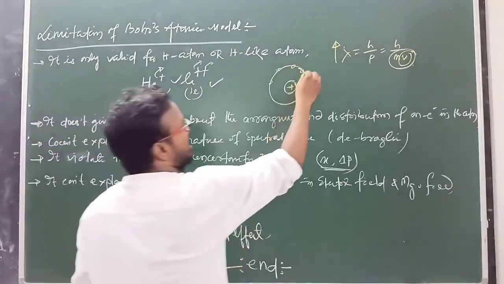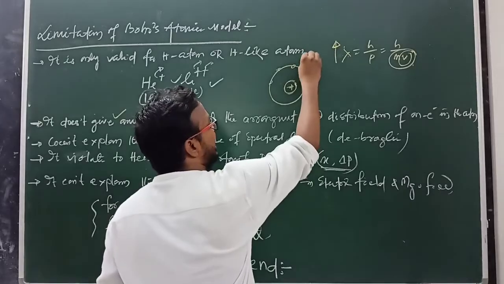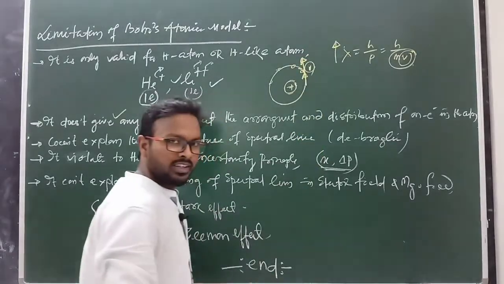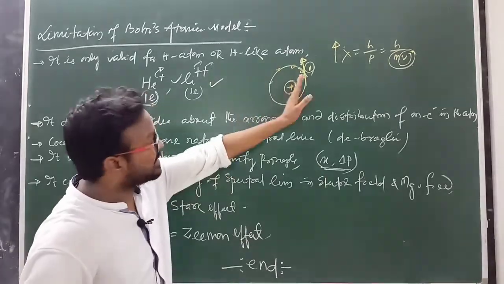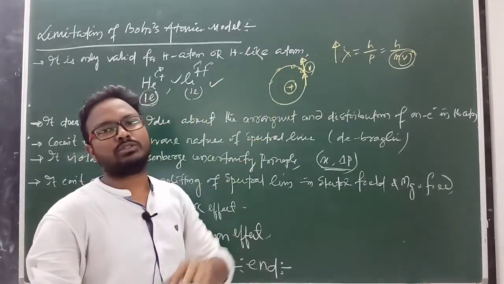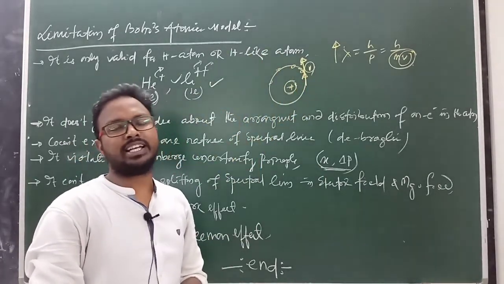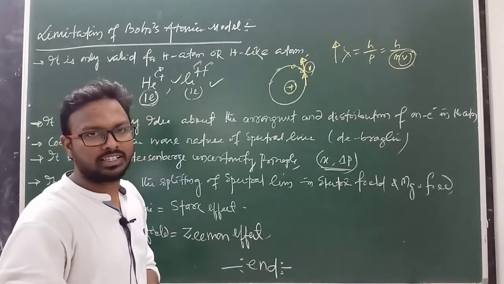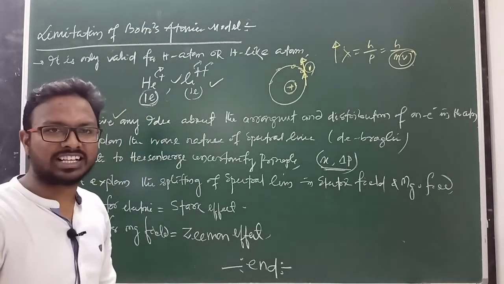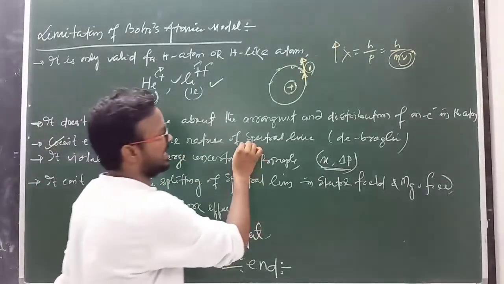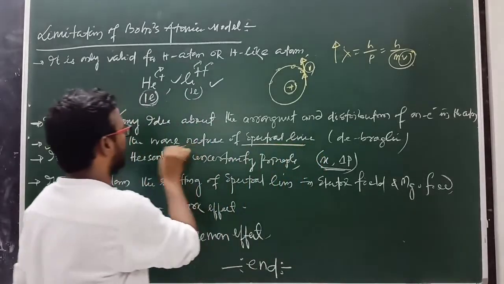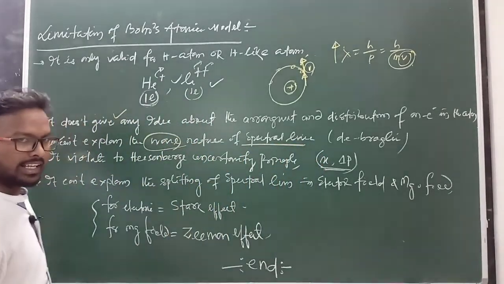Here the electron is moving in a circular path with some velocity, so it must be associated with a wave, which Bohr's atomic model could not explain. So this is another limitation: it cannot explain the wave nature of spectral lines.